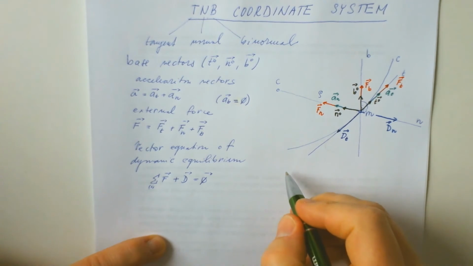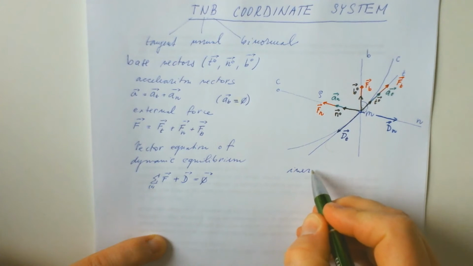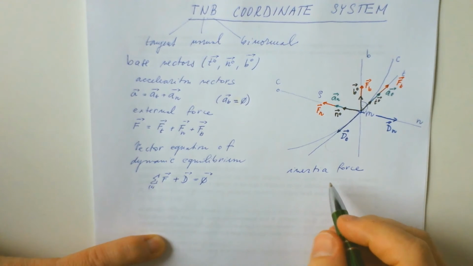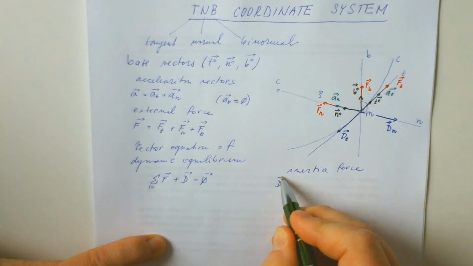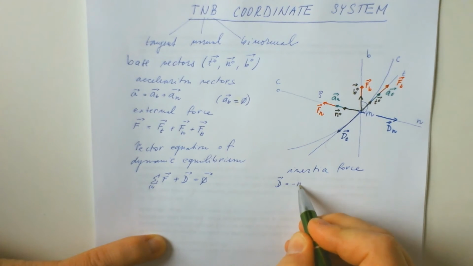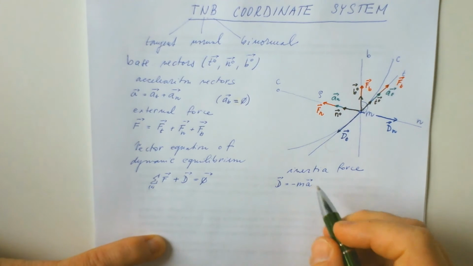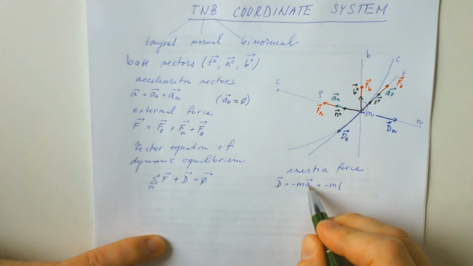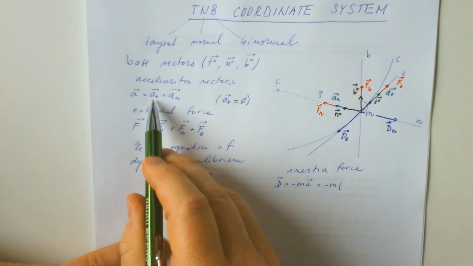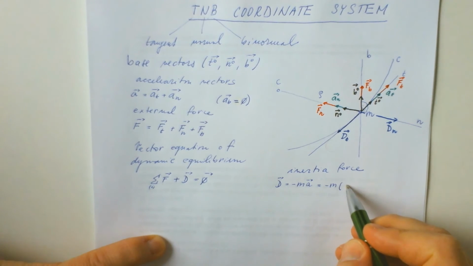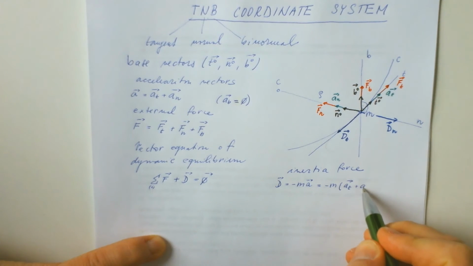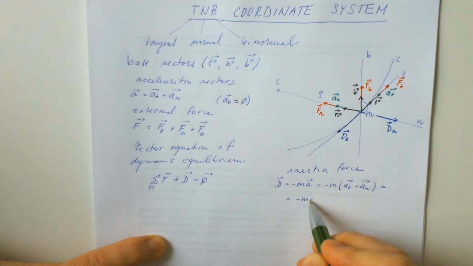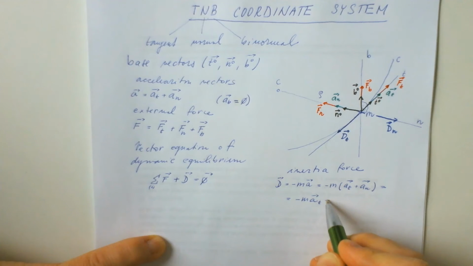If we use a basic definition for inertia force in D'Alembert's approach, we can write that D'Alembert's force is minus A times M, and because acceleration is defined by its components, we can substitute it here and multiply like this.